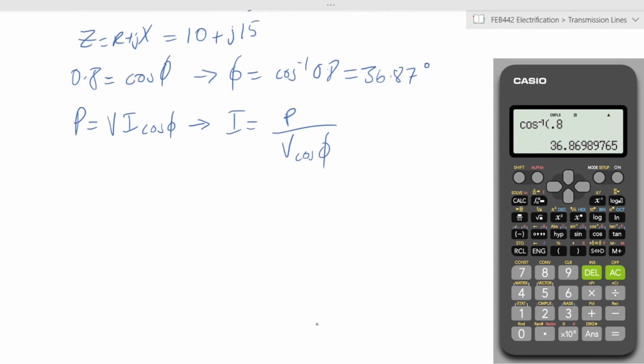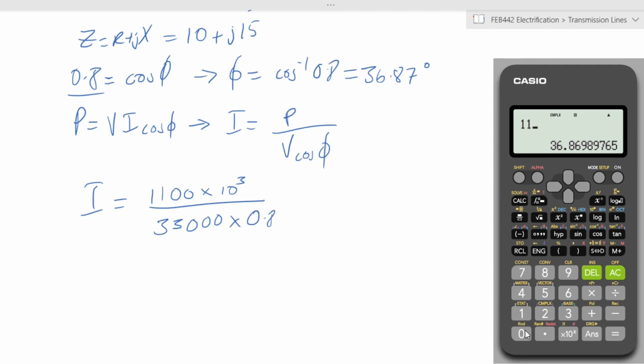Okay. So what is our current in this case? Current is equal to 1100 kilowatts, so it's times 10 to the power 3, over voltage, it is 33 kilovolts, so it's times 1000, times cos phi, which is 0.8, which is there.